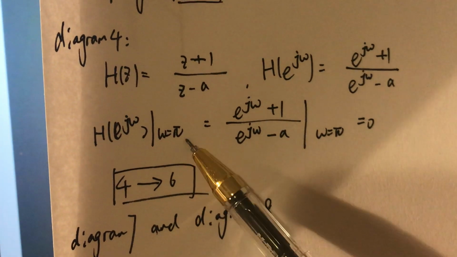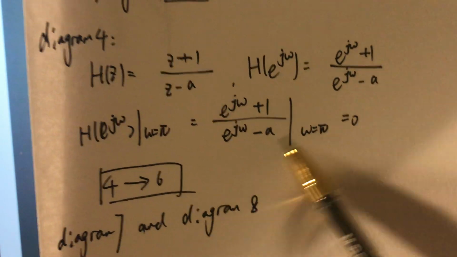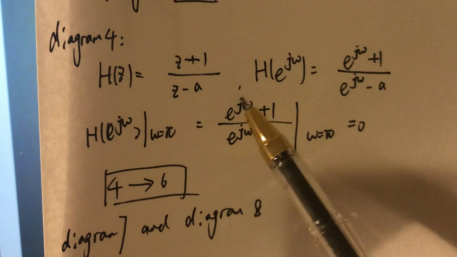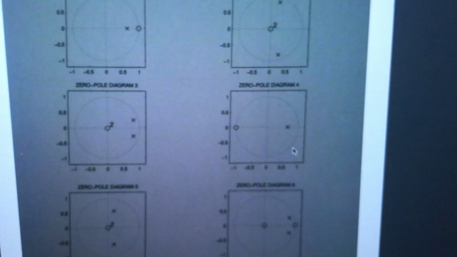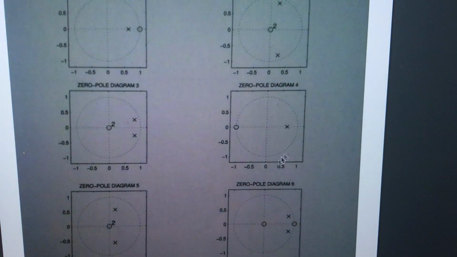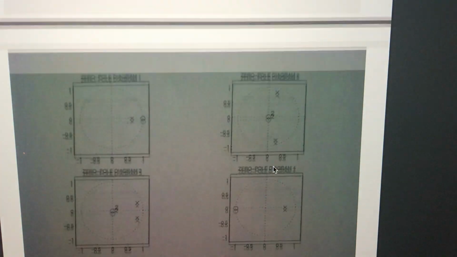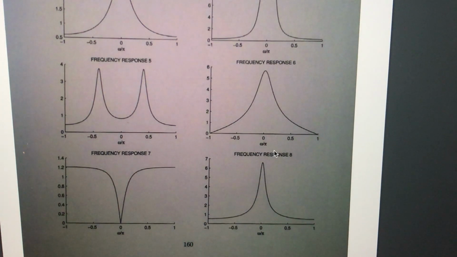Similarly, when omega equal to pi, this part will equal to minus 1, so this part equal to 0. So since this part only has one peak and equal to 0 when omega equal to pi, we could easily find it matches with this one, one peak and equal to 0 when omega equal to pi.